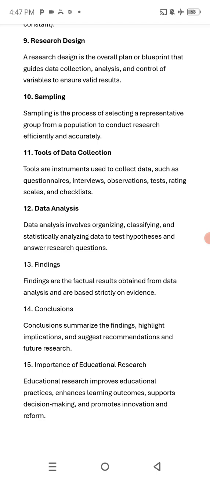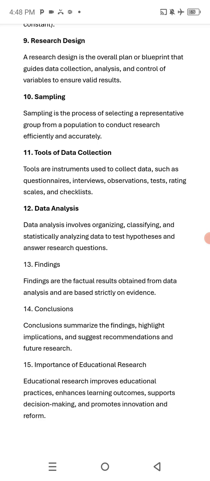Now, what are findings? Findings are the factual results obtained from data analysis and are based strictly on evidence. So in conclusion of this research methodology course, we summarize the findings, highlight implications, and suggest recommendations for future research.